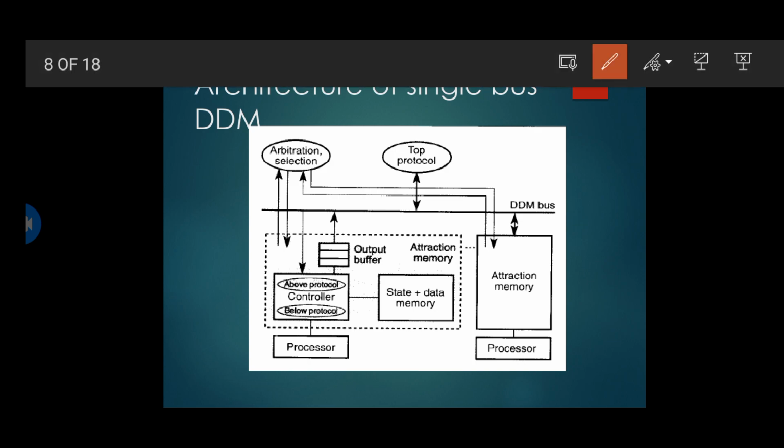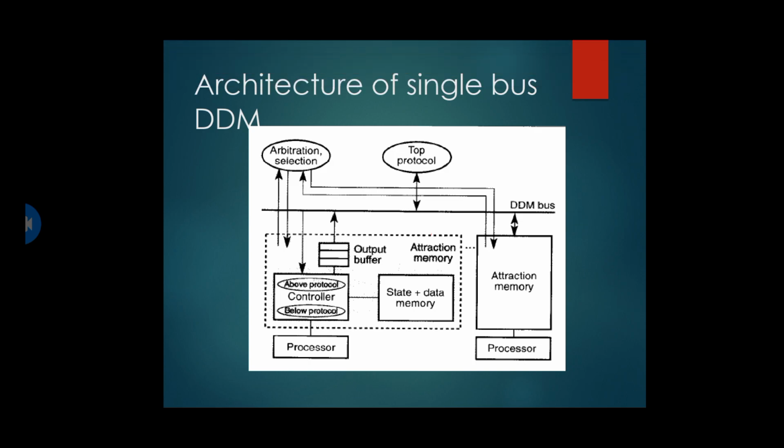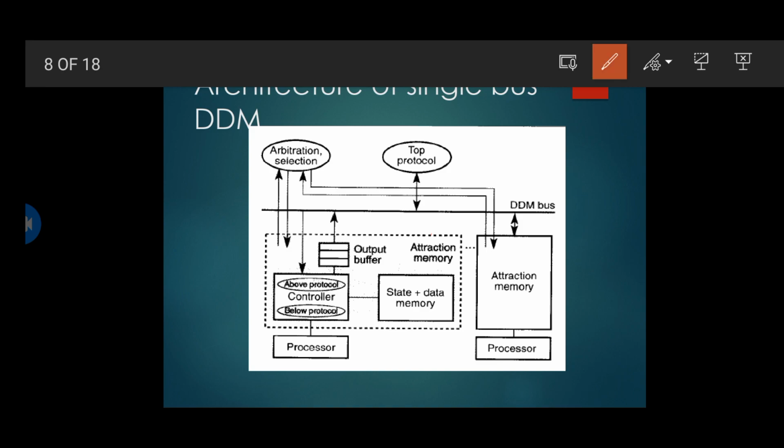Now let us see how the single bus architecture will be in the DDM bus. First, there will be an attraction memory. As you can see on my screen, the attraction memory will be directly connected to the DDM bus, which we discussed. There will be a direct interlink between the processor and the attraction memory. The controller and processor will send control signals to the bus and receive from the bus.